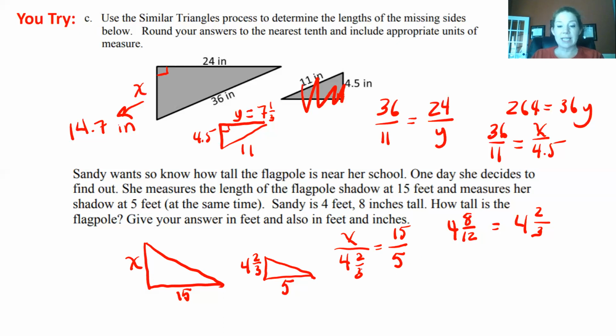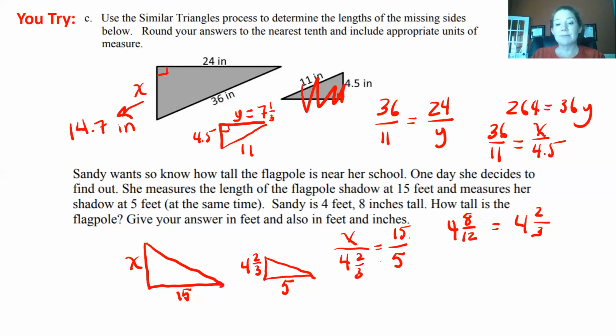Well, one easy way to think of this is if 15 divided by 5 is 3, then when we simplify this fraction, it would also have to be 3. Do you understand what I'm saying? Because these are proportional, which means they're equal.